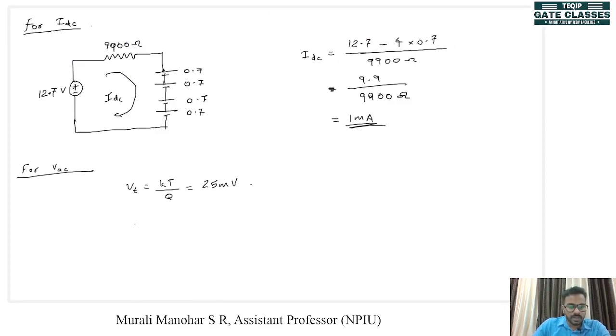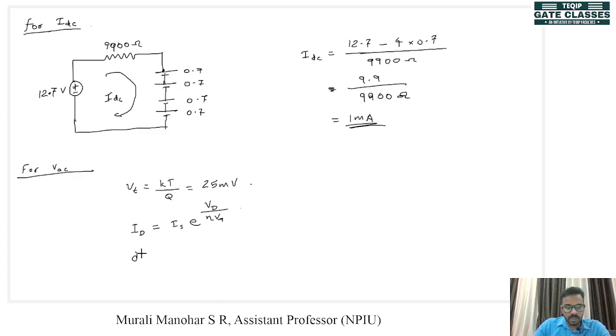Now, we know the equation governing the diode current, ID is equal to Is into e to the power Vd by eta Vt. This we have already seen in diodes.